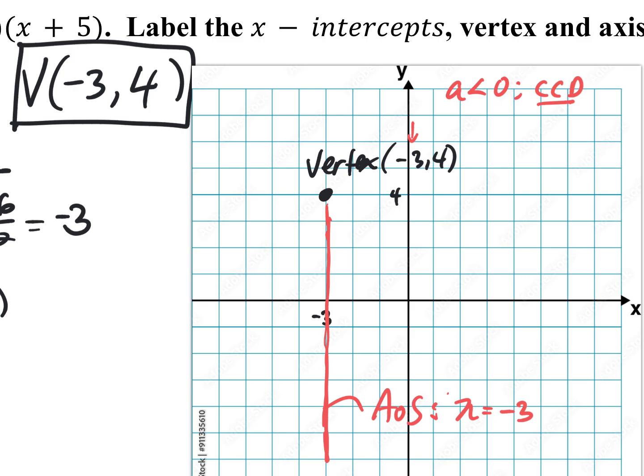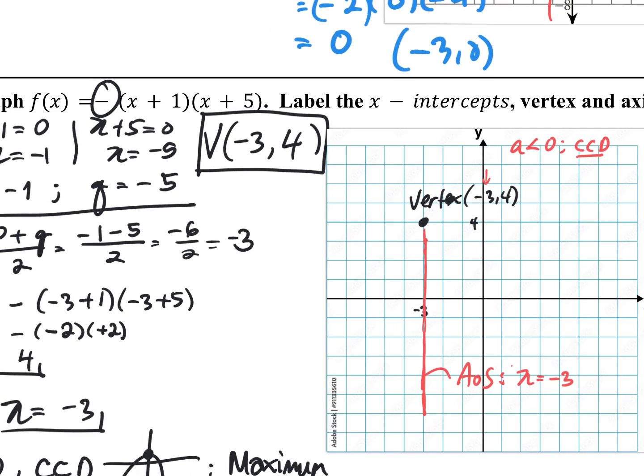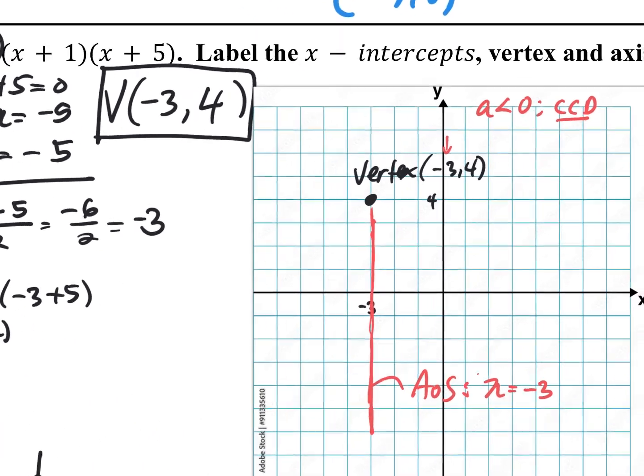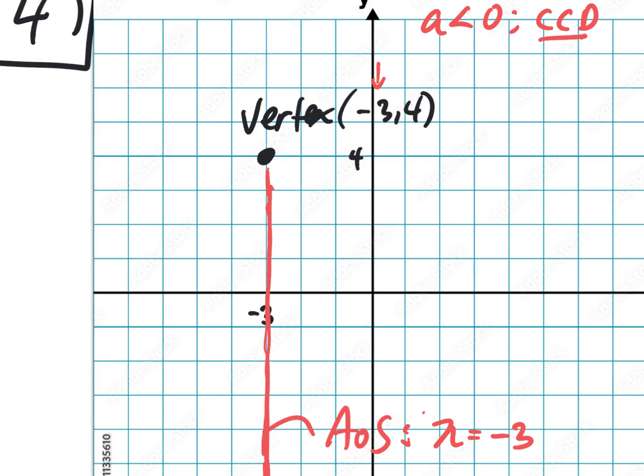Now in this case, we don't have to add any more points because we already have the intercepts, which are located at negative 1 and negative 5. So where's negative 1? Negative 1 is in here. And negative 5 is 1, 2, 3, 4, and 5.